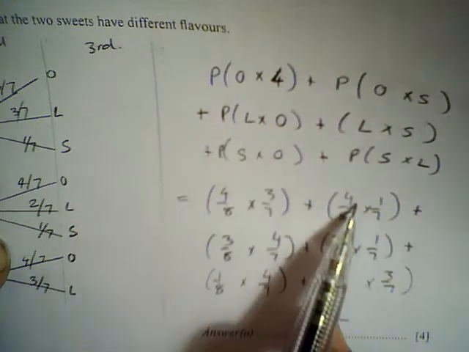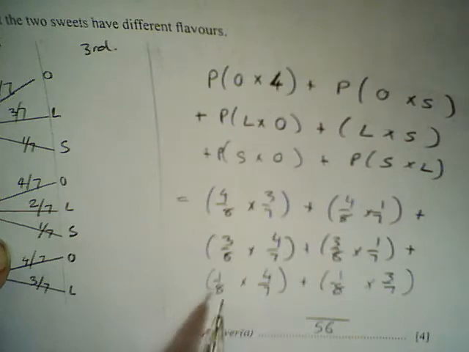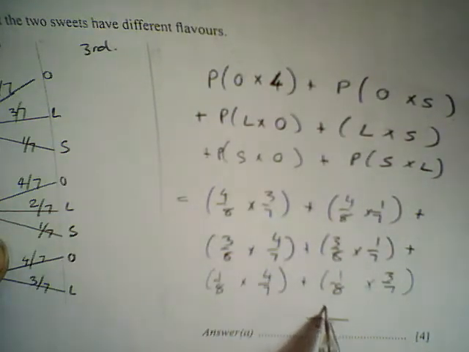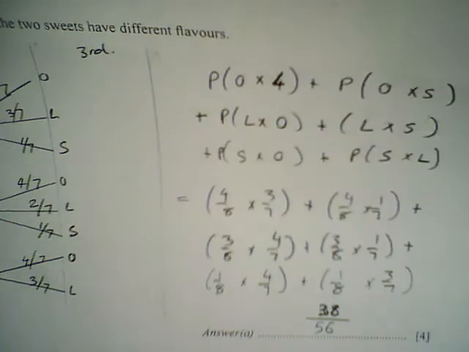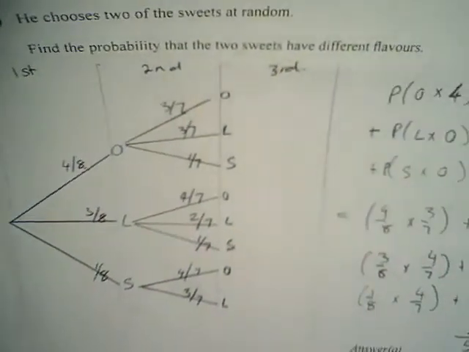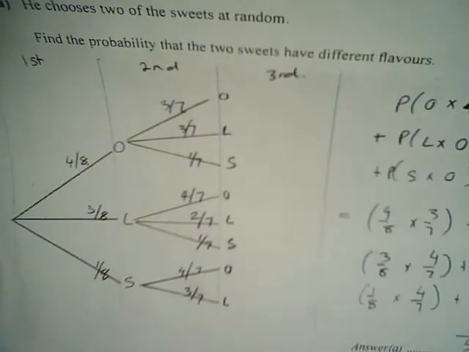So 12 plus 4 plus 12 plus 4 plus 4 plus 3, that would give me 38. Okay, and we are done with that question. Quite substantial, okay? If you draw a little tree diagram, things get a lot easier there, okay?